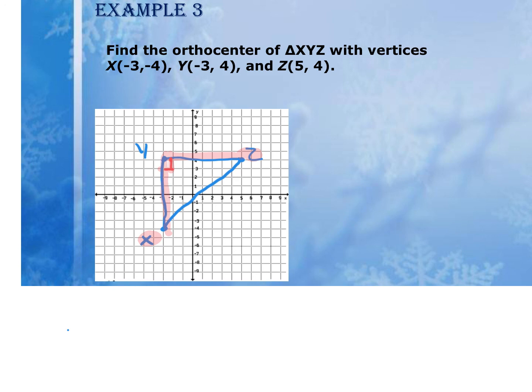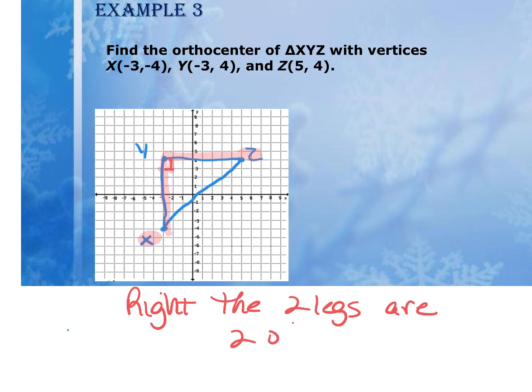So when you have a right triangle, the 2 legs are 2 of the altitudes. Now we just have to draw in the 3rd one.